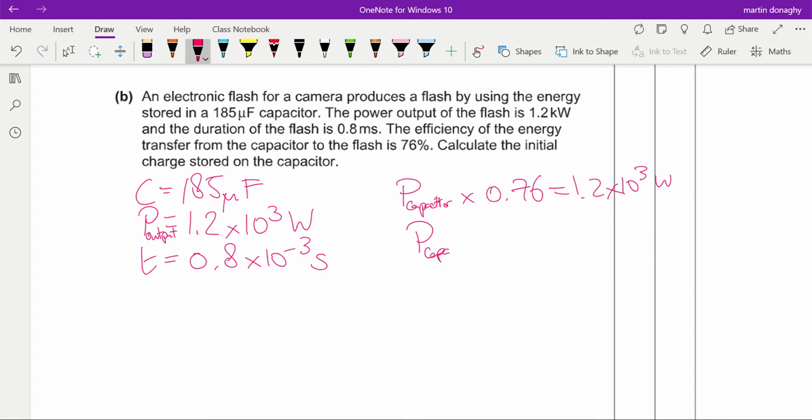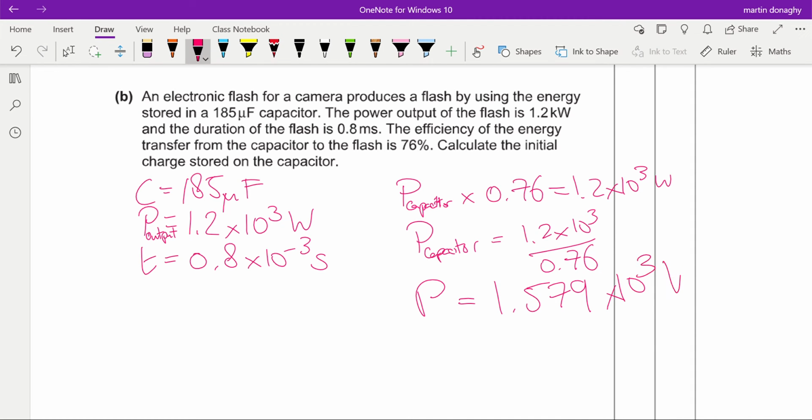Therefore, the power that was available from the capacitor, had it been 100% efficient, would be 1.2 by 10 to the 3 divided by 0.76, which gives us the power being 1.579 by 10 to the 3 watts would have been the output from the capacitor itself.